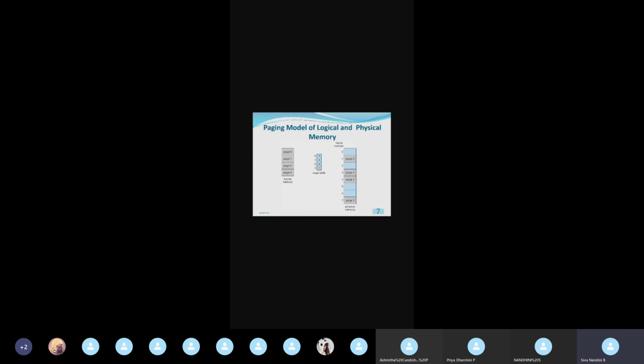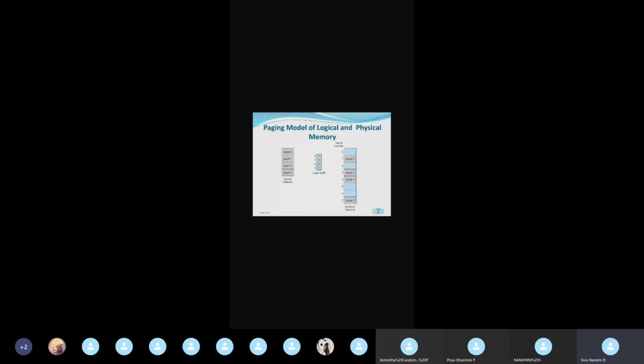In the page table, corresponding to 0 we are having 1. This 1 represents that page 0 is available in frame 1 of the physical memory. See, in the physical memory, in frame 1, we are having page 0.